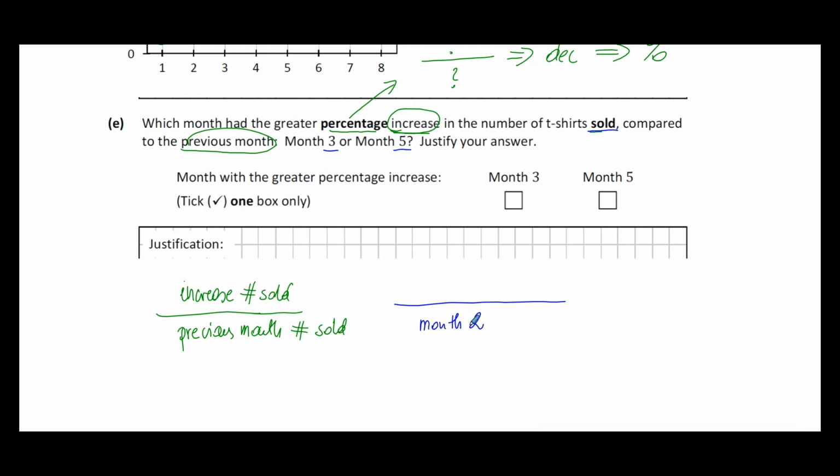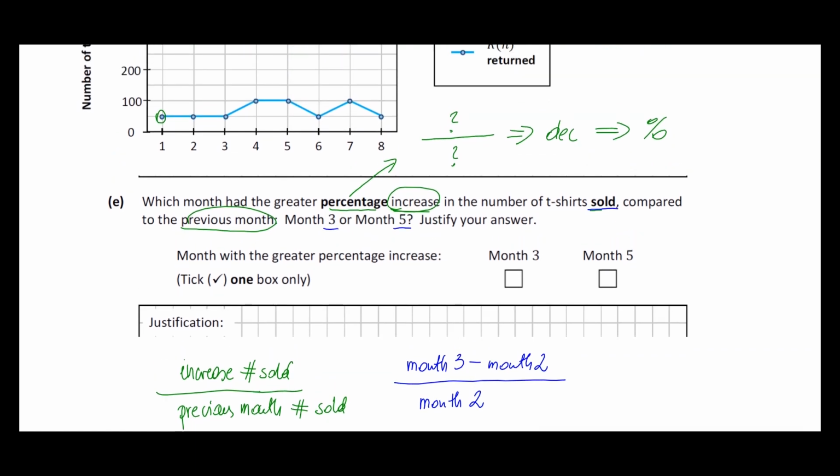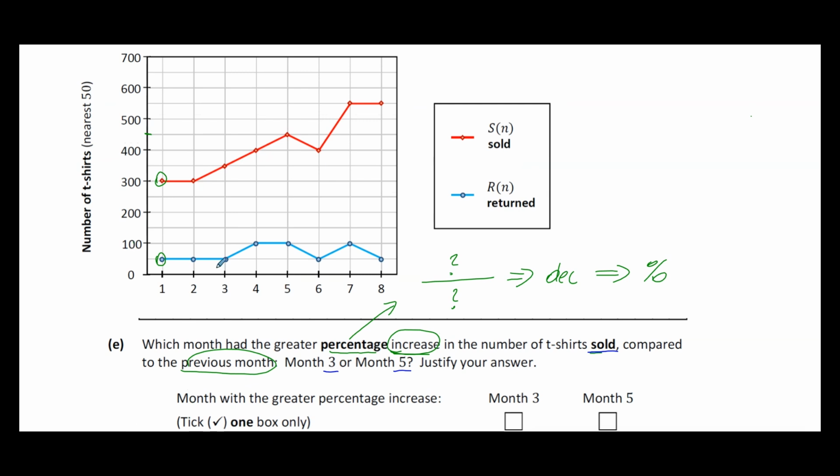So month 2 will be the previous one. And how do we calculate an increase? Well, we look at the difference between month 3 and month 2. So let's put numbers to that. So in month 2, we sold 300 t-shirts, and in month 3, we sold 350.